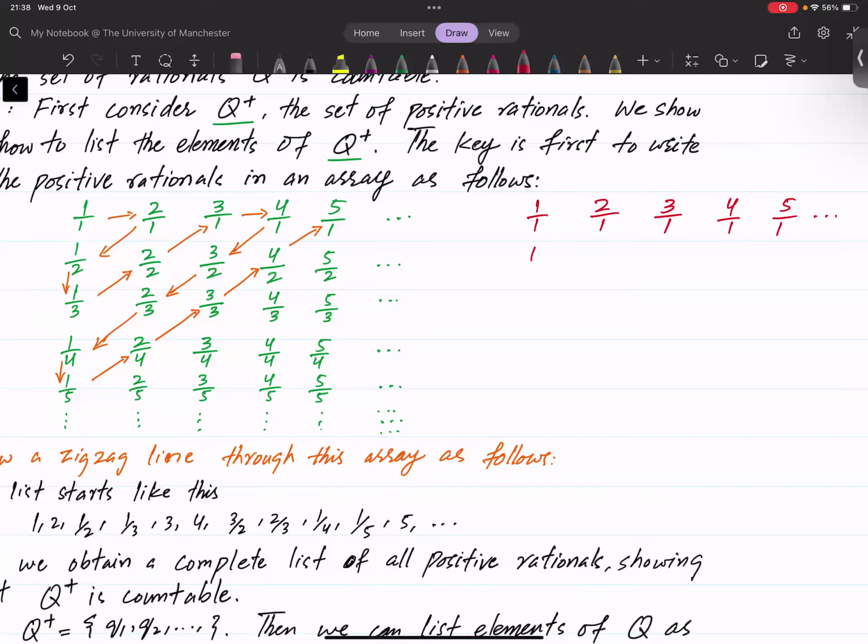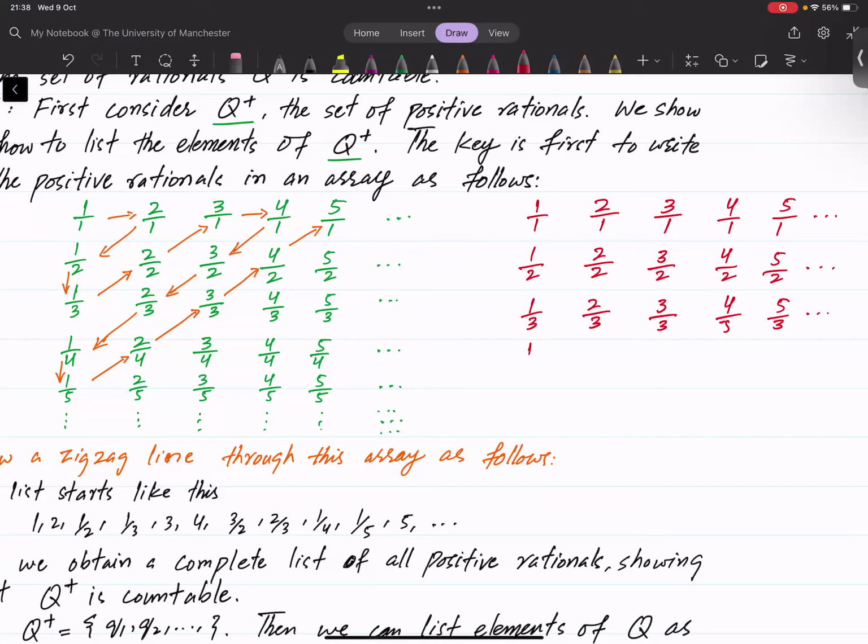Then I have 1 over 2, 2 over 2, 3 over 2, 4 over 2, 5 over 2, and so on. Then 1 over 3, 2 over 3, 3 over 3, 4 over 3, and 5 over 3.